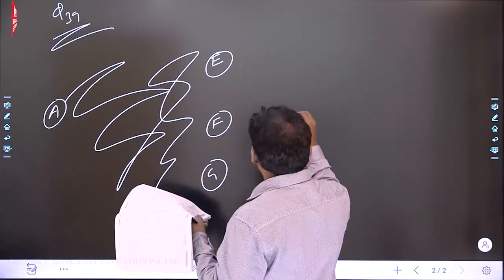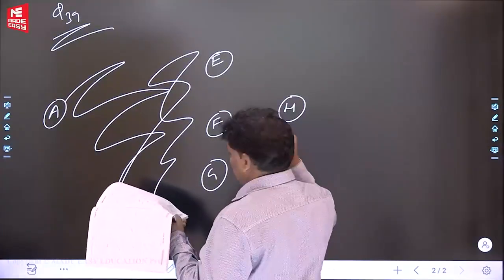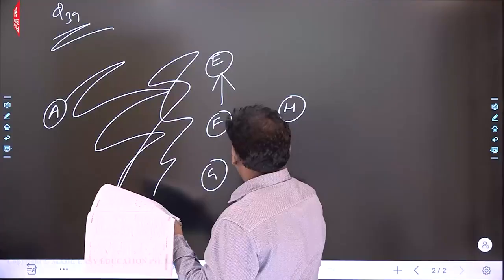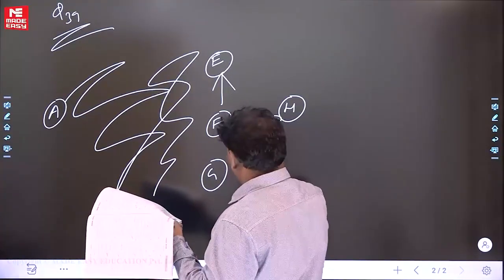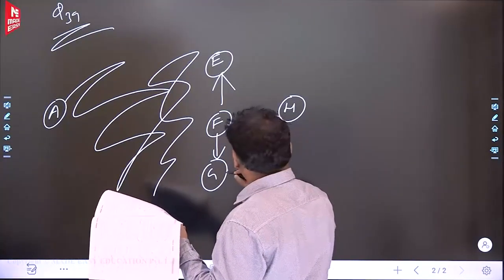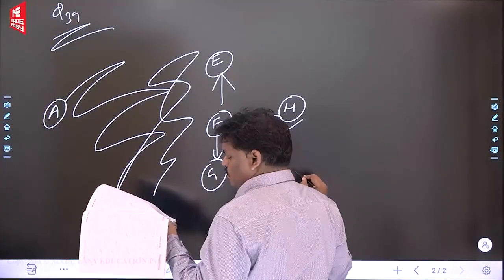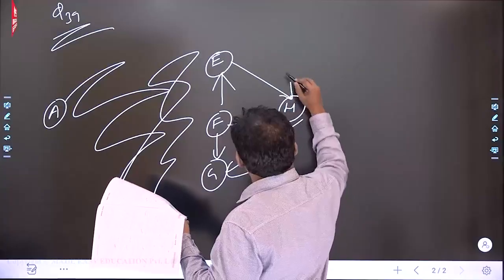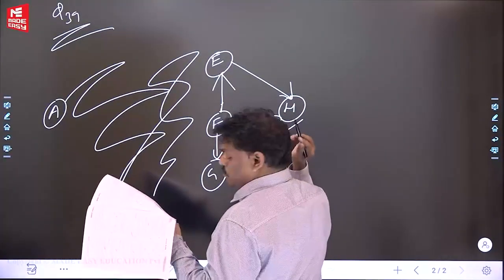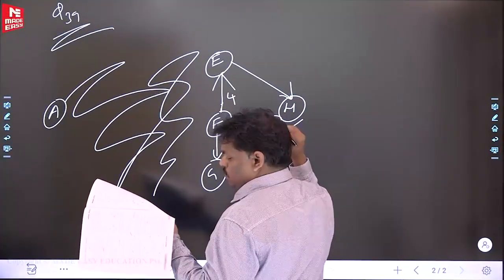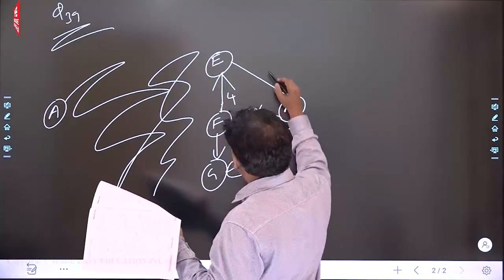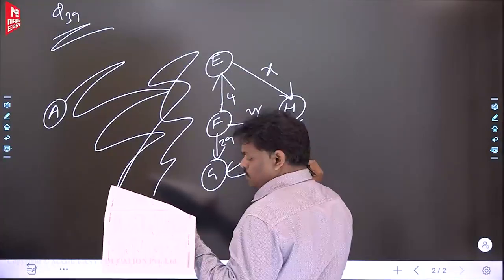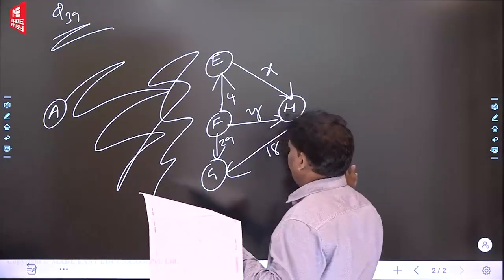G and H. This is 4, this is y, this is x, this is 29, it is 18.